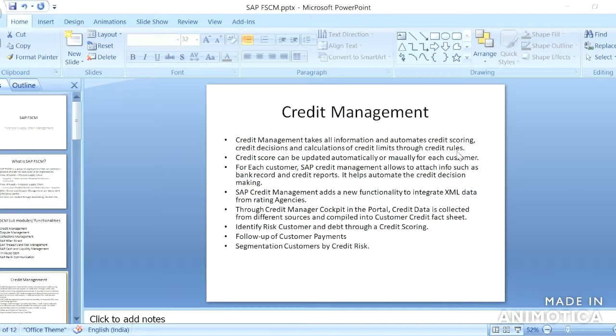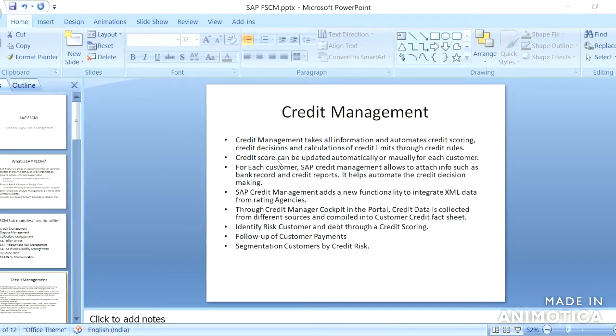Through credit rules, there will be some rules, so they will arrive at a decision whether this customer is further eligible for any credit purchases or not. The credit score can be updated automatically or manually for each customer.